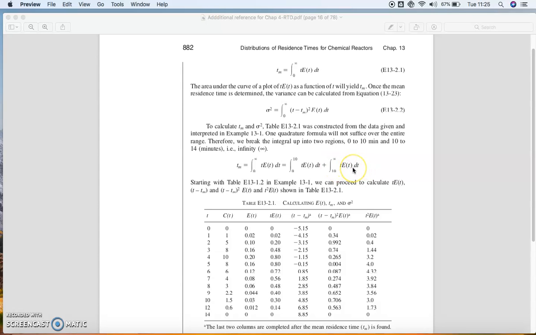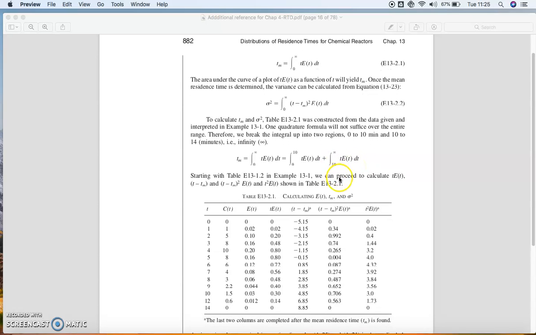You need to be consistent with Simpson's method. If earlier you decided to use 5 points for ET, then for Tm you also use 5 points. If you have a look at this column, this is for calculating the variance.